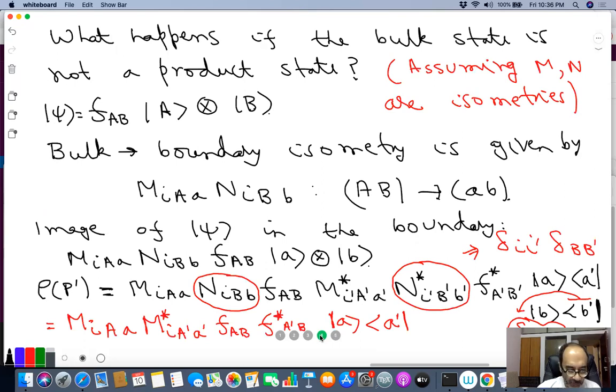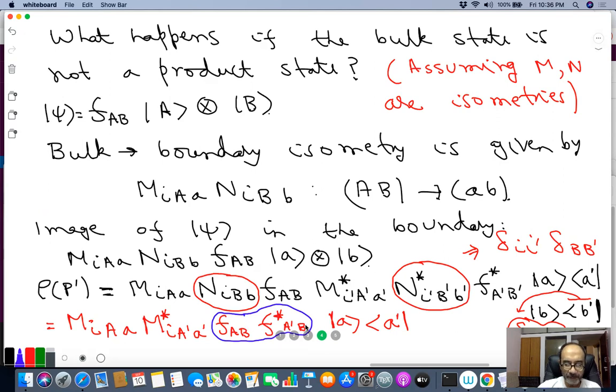You see this product over here. This is the density matrix of this state after tracing over B, right?